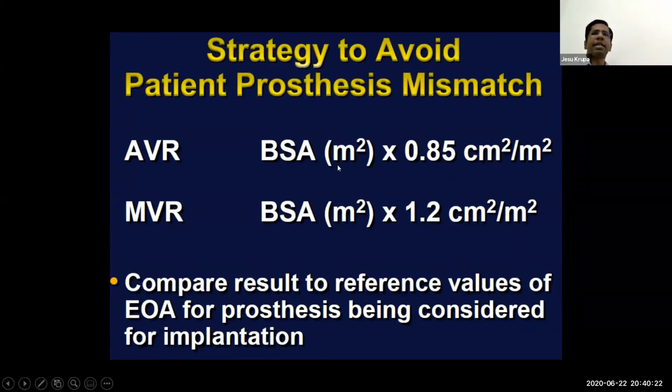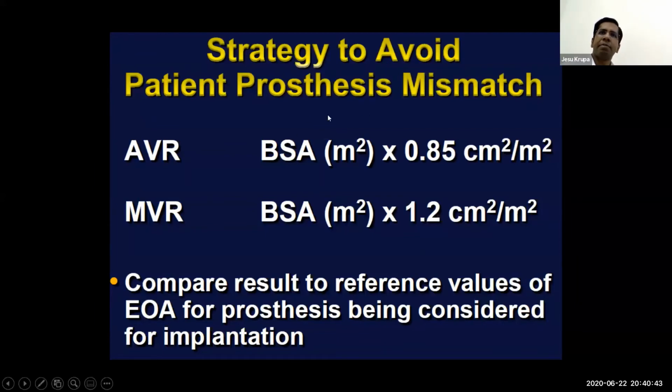This is something that we saw last time. What we do first is to calculate the patient's body surface area based on height and weight. That is the first step. So any patient coming for a valve replacement to the echo lab for assessment, the first thing we do is body surface area by height and weight.